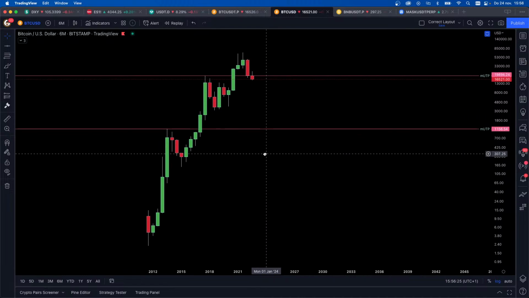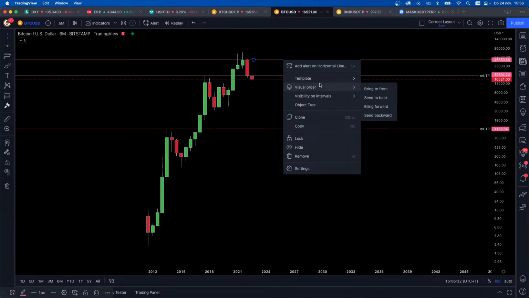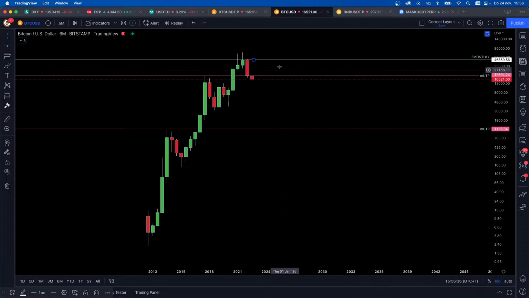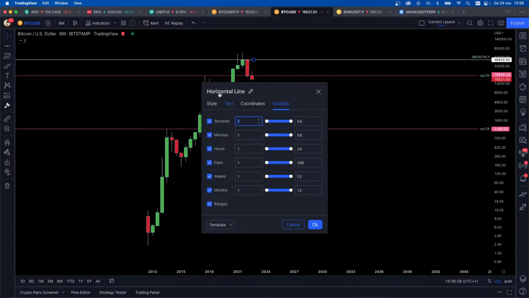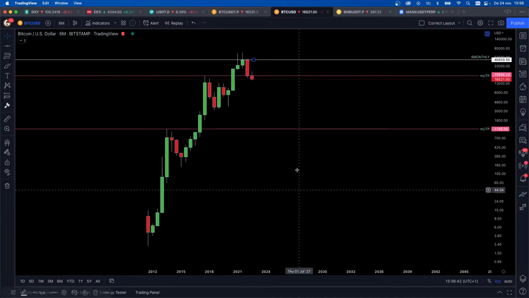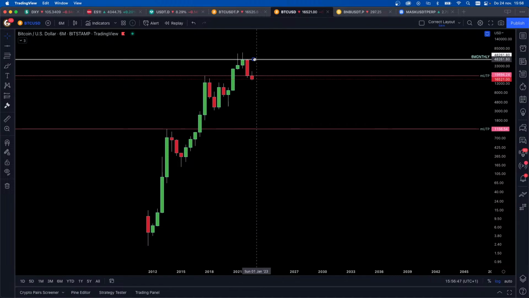So then my next levels are my monthly levels, 6 monthly. I would just call them 3 monthly here and just change it to 6. So we have one resistance over here.